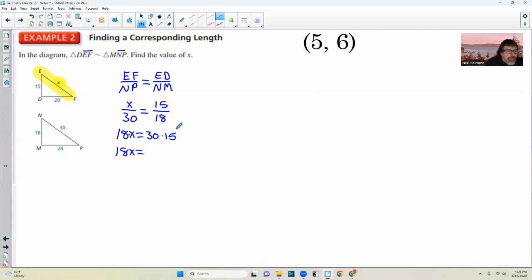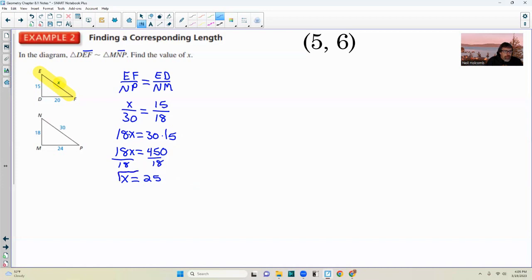So 30 times 15, we could also put a 0, and 3 times 5 is 15, carry the 1, 3 times 1 is 3, plus 1 is 4. We have 450 divided by 18, and those cancel, and I get X equals 18 times 2 is 36 with the remainder of 9, so it's going to be 5. So the value of X is 25.